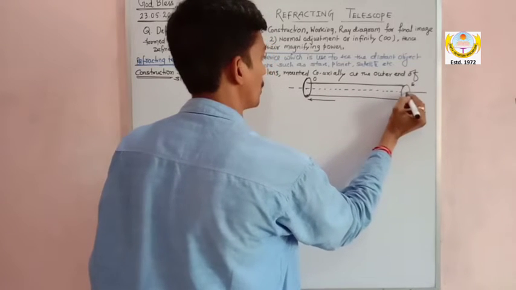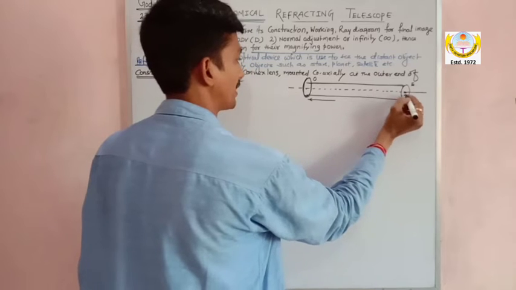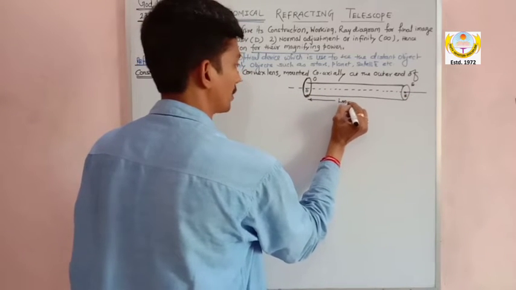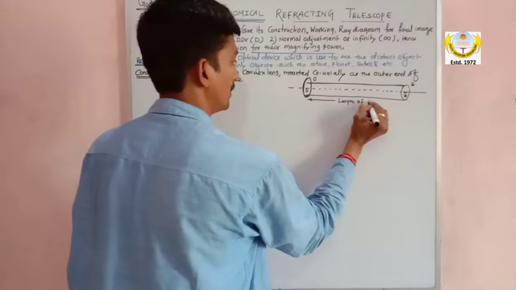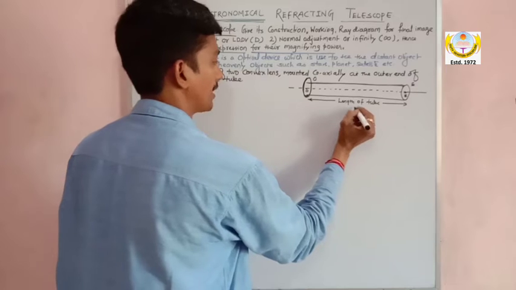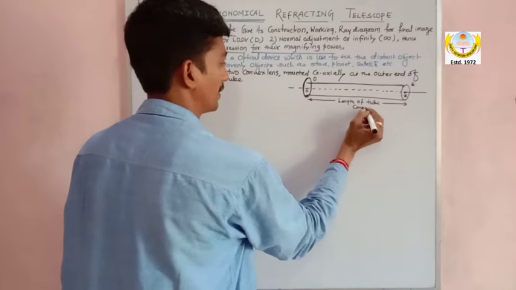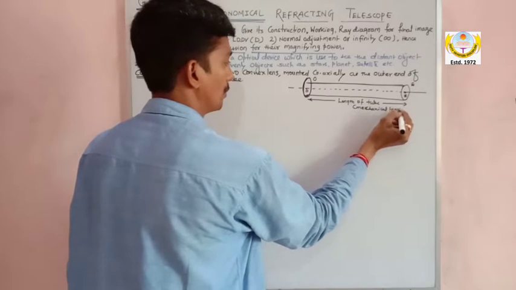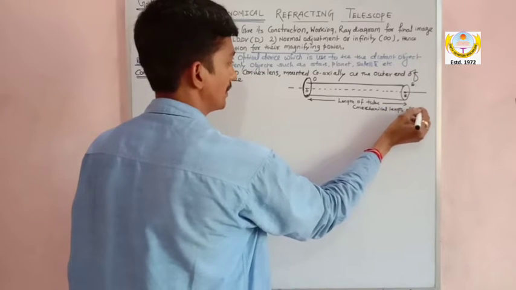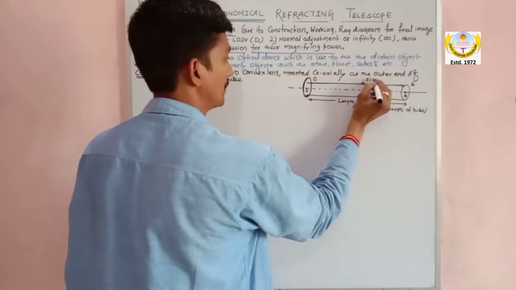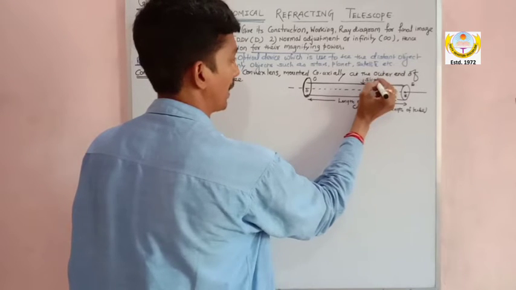So their centers, this is center E and this is center O, and this is called the length of the tube, the mechanical length of the tube, my dear. And this is your sliding metal tube.